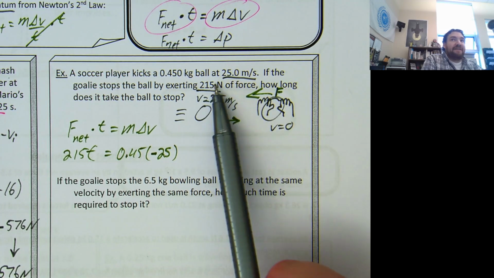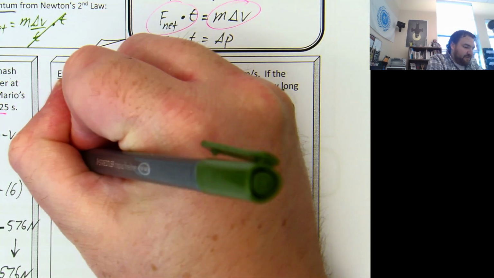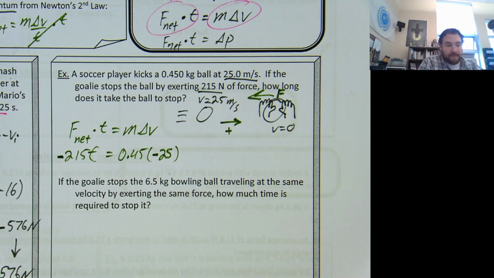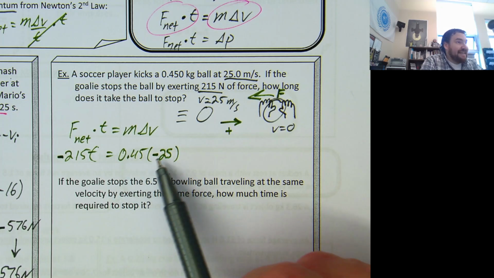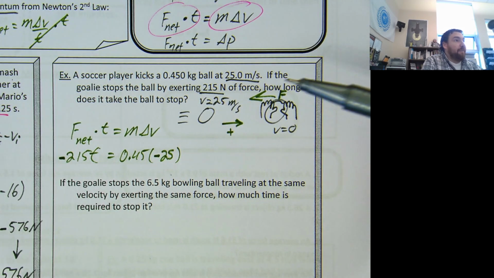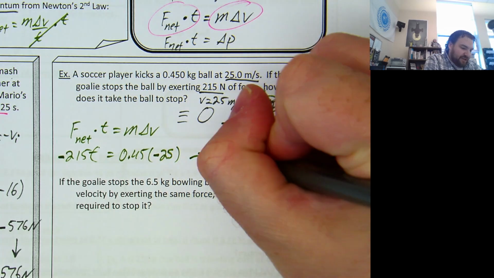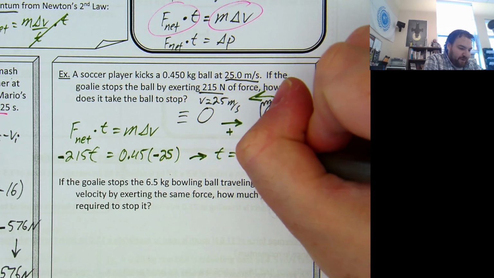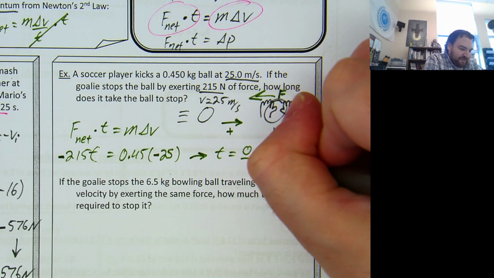So if that's to the left, this value actually needs to go into the impulse equation negative. So we're going to get negative 215 times time is going to equal 0.45 times negative 25. That's the same sign. So we're going to get a positive value for time. So the time then is just going to be 0.45 times negative 25 divided by negative 215.